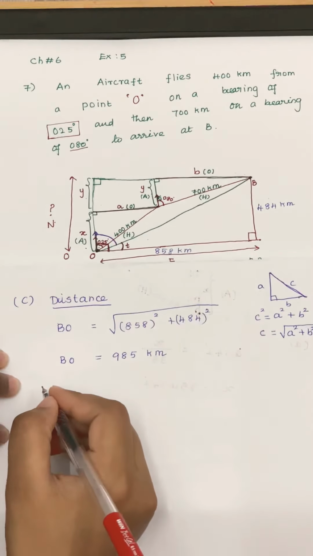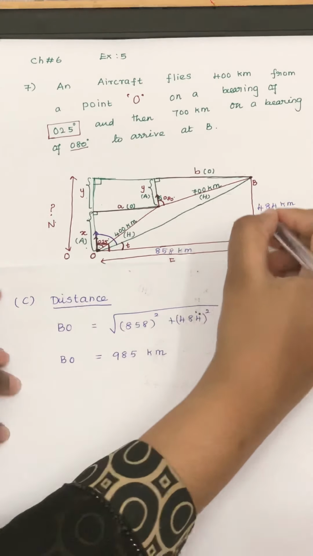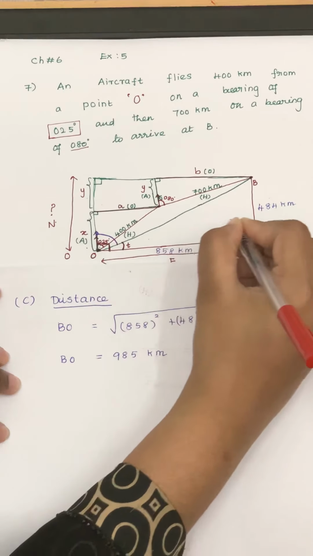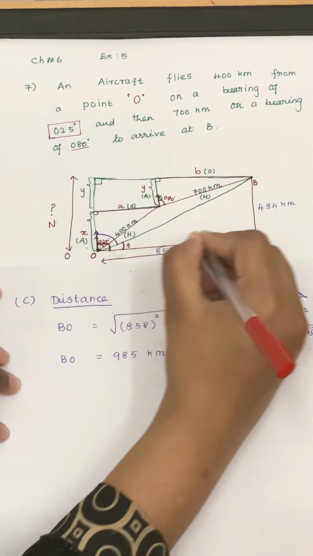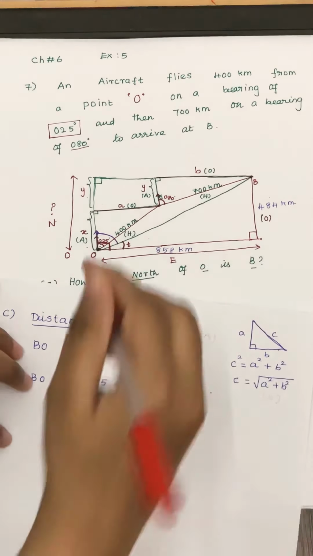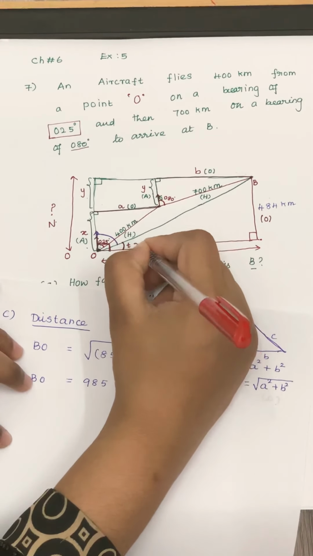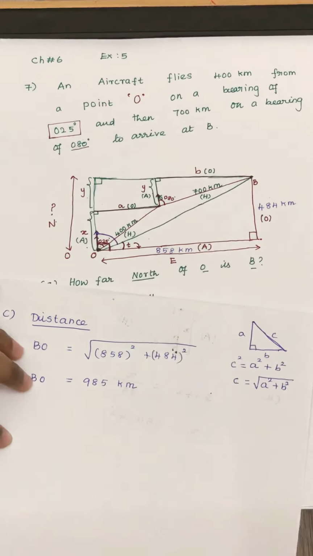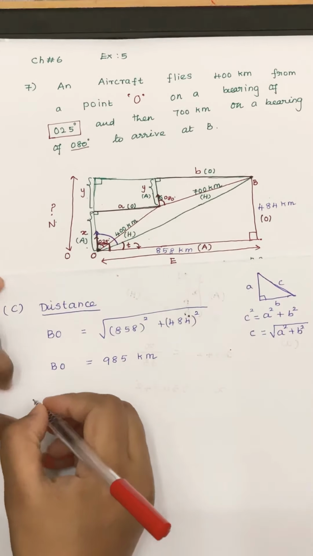How do you find an angle in a right angle triangle? Yes, you have to label the sides. Which angle are we going to find? This angle. So 484 is opposite to the question angle, so I mark this as the opposite side. And 858 is near to the question angle, so this is the adjacent side. Opposite and adjacent sides, what function?